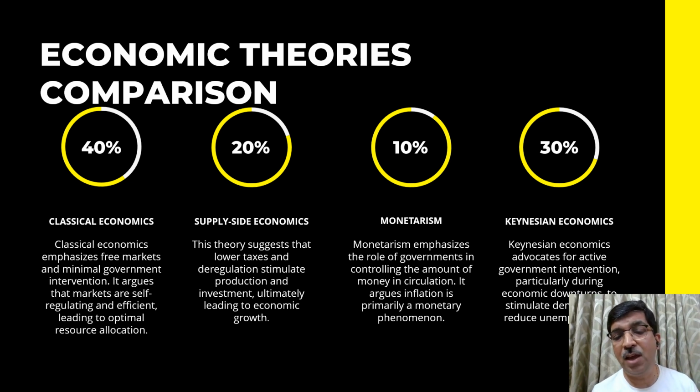And last is Keynesian economics. Keynesian economics advocates active government intervention, particularly during economic downturns, when government involvement should be greater to stimulate demand and reduce unemployment. Demand should be properly stimulated, and unemployment should be reduced, because with high unemployment, economic development automatically goes downwards.